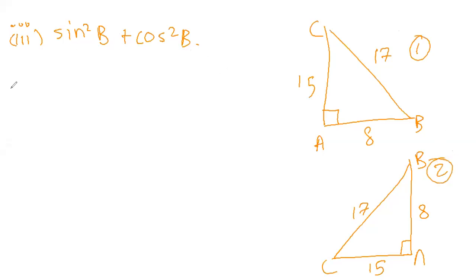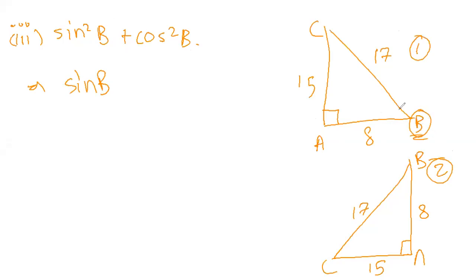So sine square B. So first of all, we have to find sine B. So out of these two figures, we have to find which angle is towards the ground. So in this figure, the angle B is towards the ground, and in this figure, angle C is towards the ground. So sine B basically says that B should be on the ground.